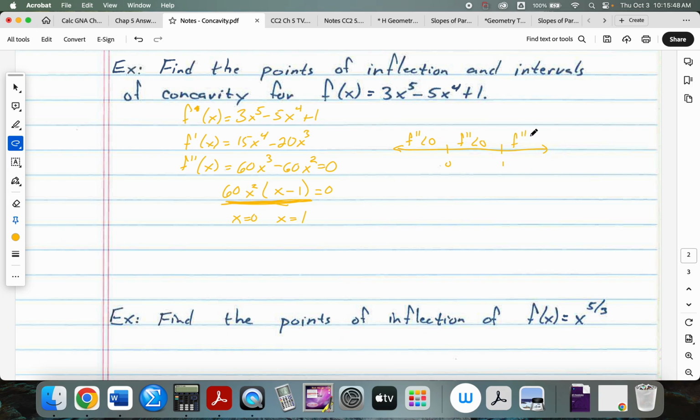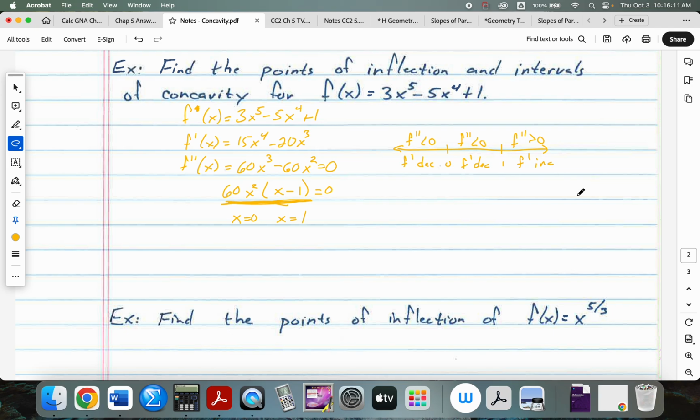So f double prime is now greater than 0. So here we know that f prime is decreasing. And then here f prime is decreasing again. And here f prime is increasing.